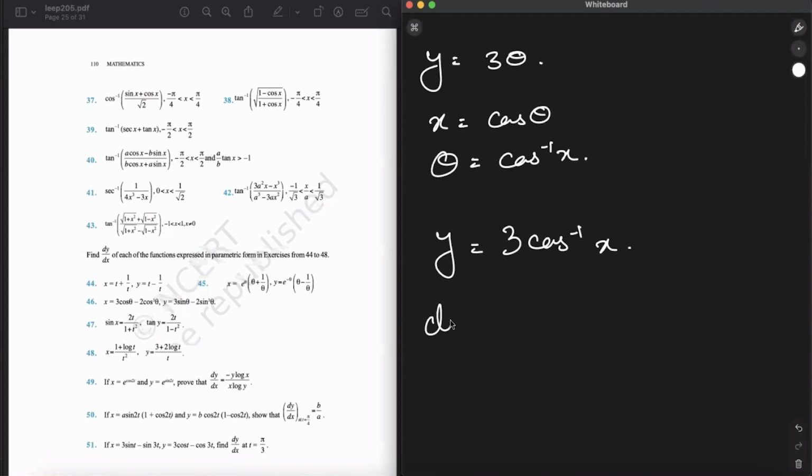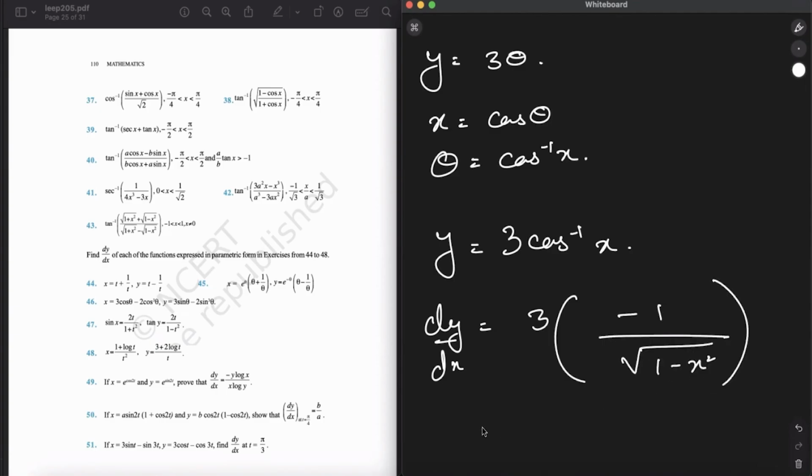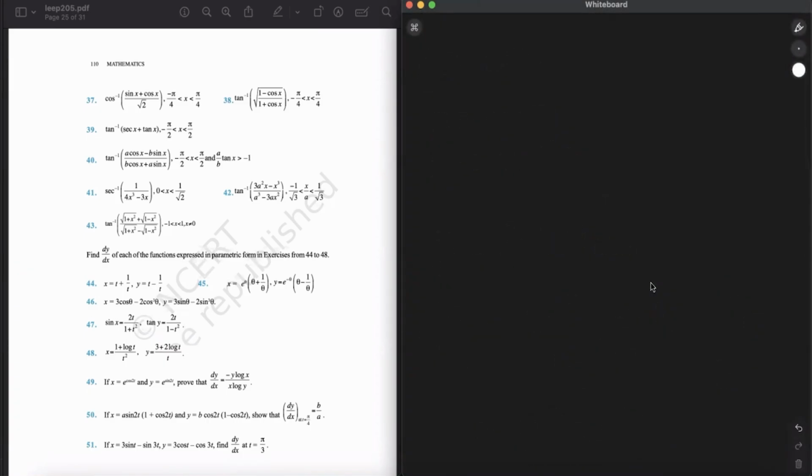Now I just have to differentiate this cos inverse part. This is pretty simple, it is just a formula. So minus 1 upon under root 1 minus x square. So minus 3 upon under root 1 minus x square will be your answer. It was a simple question, right? Moving forward, we'll see the next question.